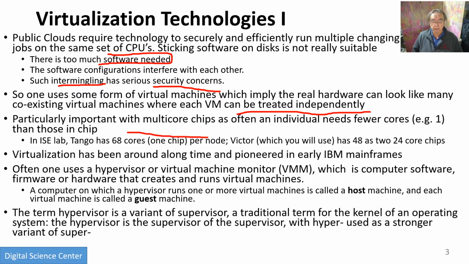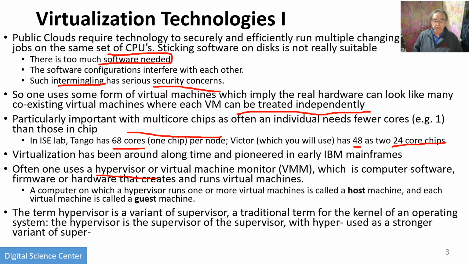And I've stressed why that's particularly important with multi-core. If we look at the machines we have, Tango has 68 cores per chip. Victor, which you'll use later, has 48 on 224 core Xeon Platinum chips.